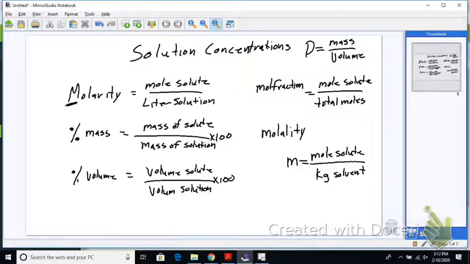So the question is, why do you need molality and molarity? Well, there's this concept called freezing point depression and boiling point elevation. What happens if you mix salt into water? We know it freezes at a lower temperature. That's why you put salt on the roads.